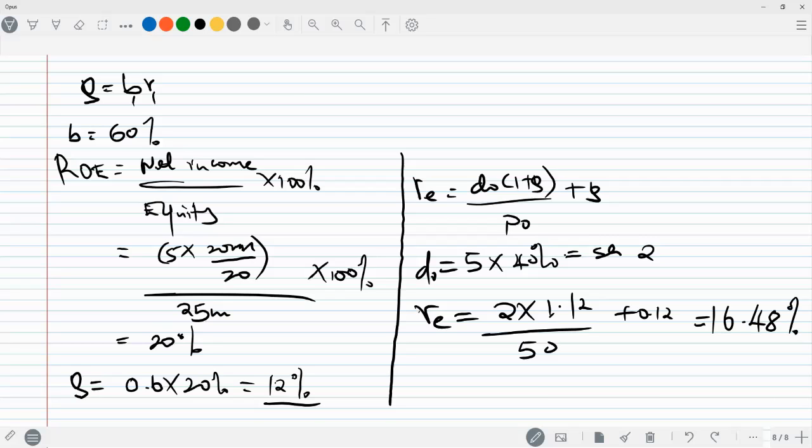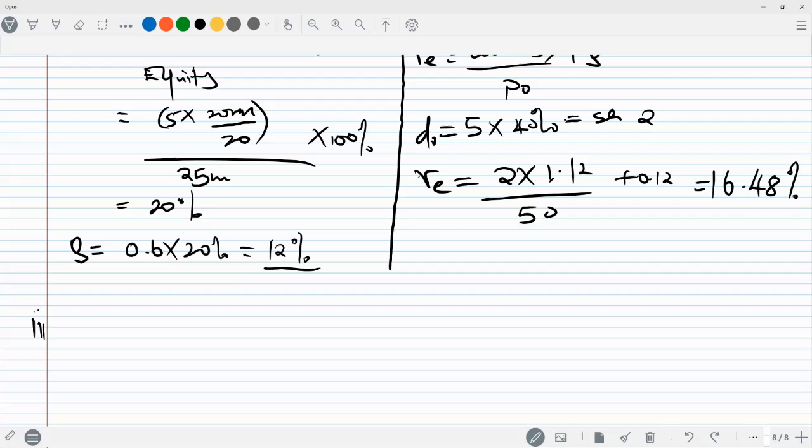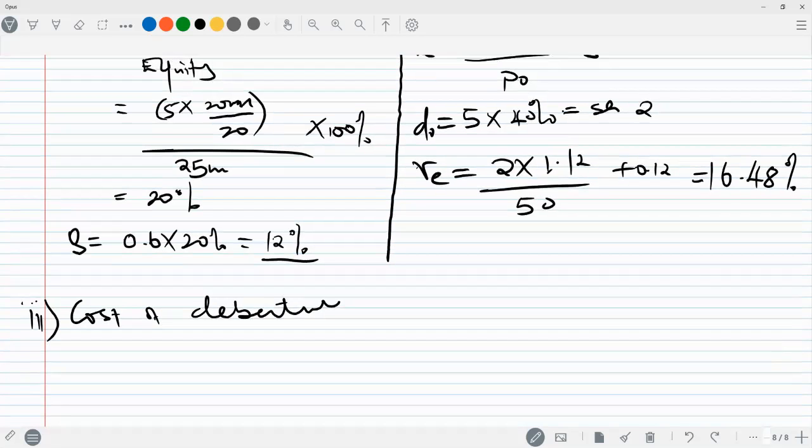Next, we must get the cost of the debenture capital. Here we need to know whether it is redeemable or irredeemable.